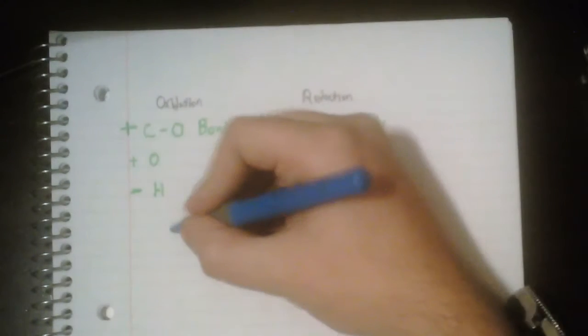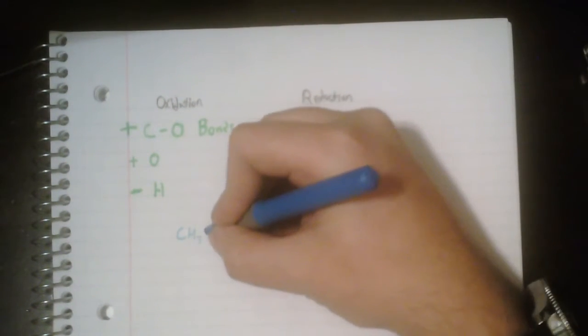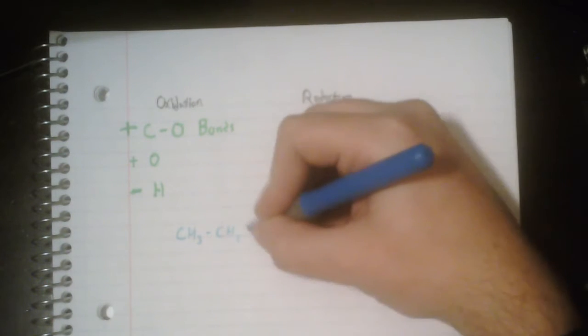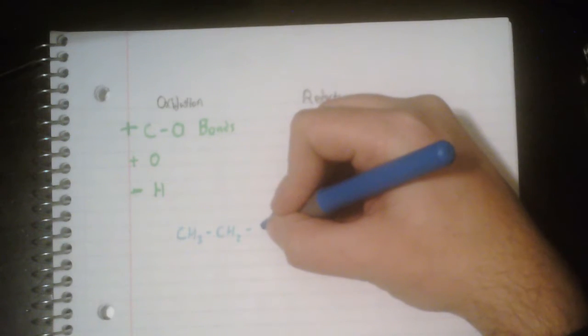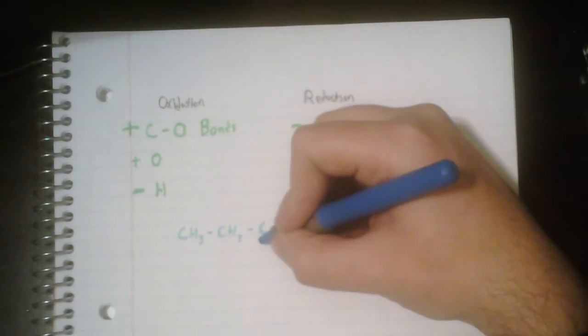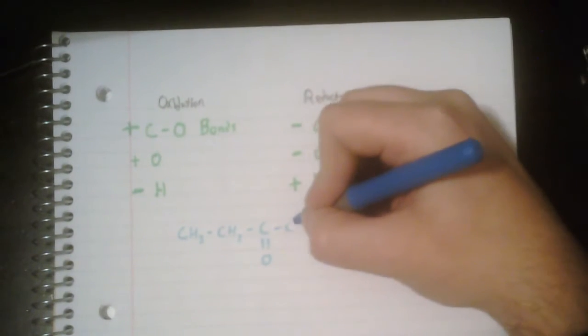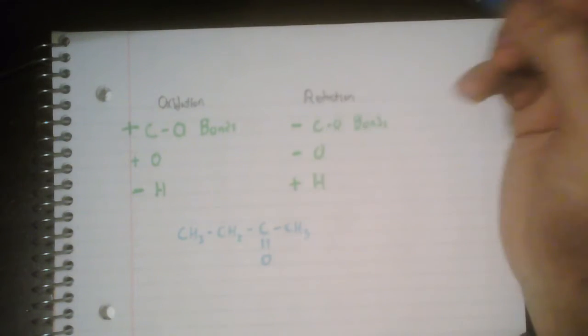So let's say, for instance, you have a molecule of CH3, CH2, C with O and CH3.